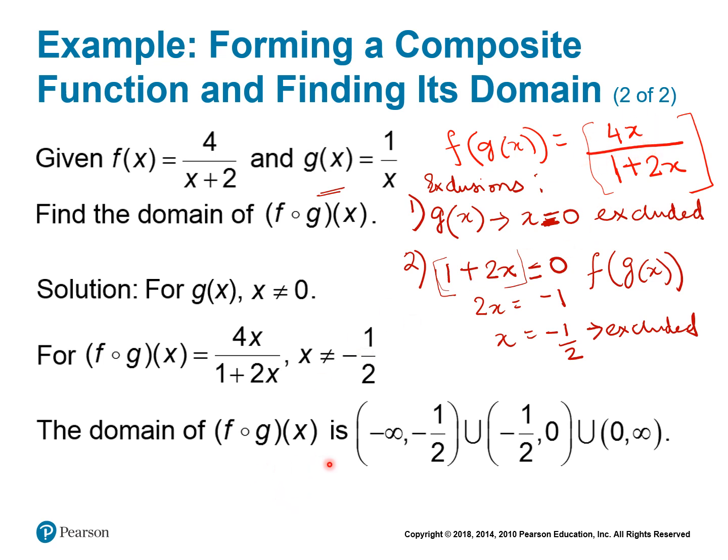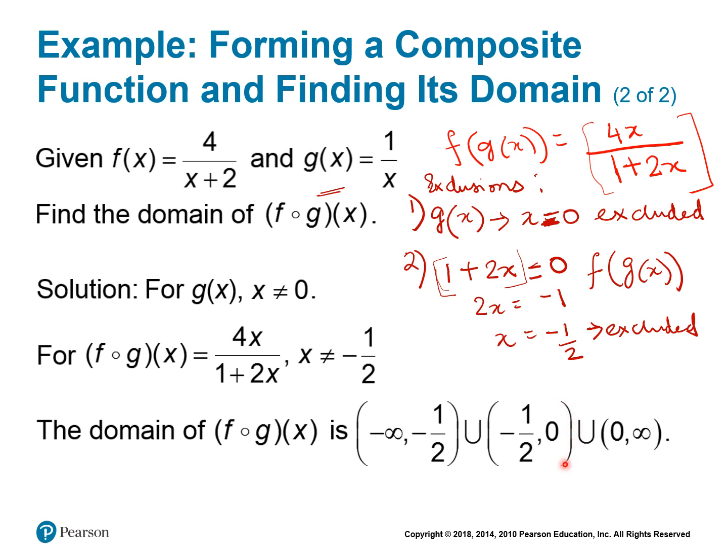So the way we write it is start from -∞, comma -1/2, always the lower value first, so -1/2 is less than 0, so start with that, and then union. This upturned U suggests union in interval notation, and then again round brackets from -1/2, comma, we go all the way up to 0, but 0 cannot be included.